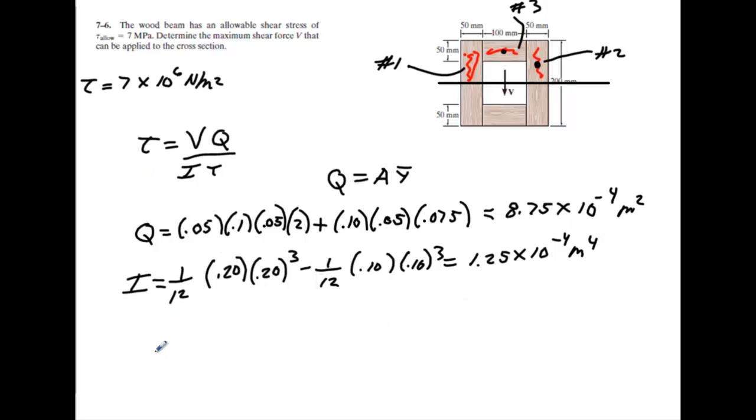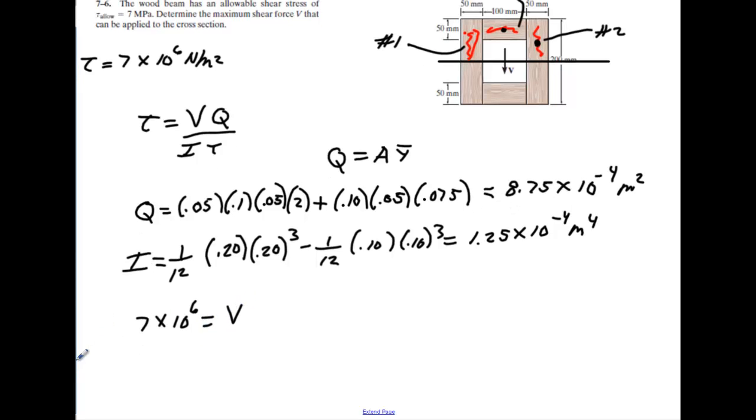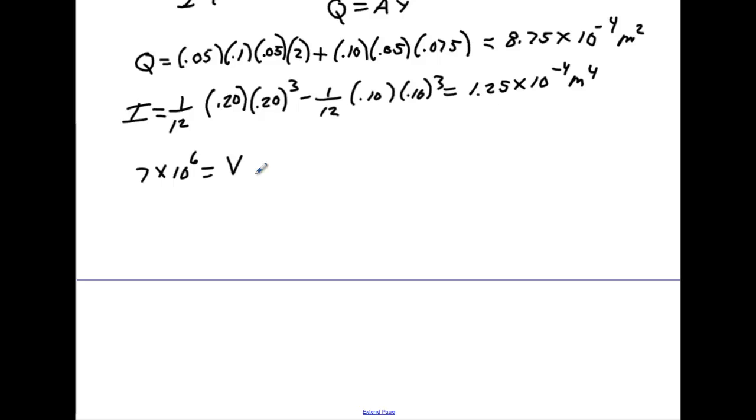Alright, so now we just put our values in and we'll solve. We use the equation right here. 7 times 10 to the 6 is equal to V times Q, which we said was 8.75 times 10 to the minus 4th, over the moment of inertia, which is 1.25 times 10 to the minus 4th.